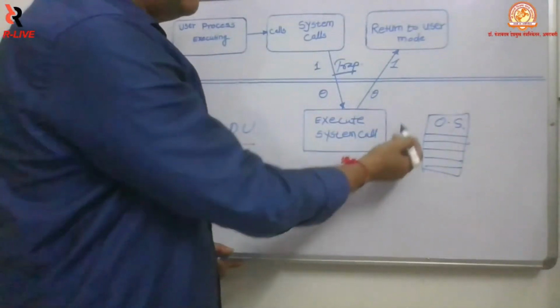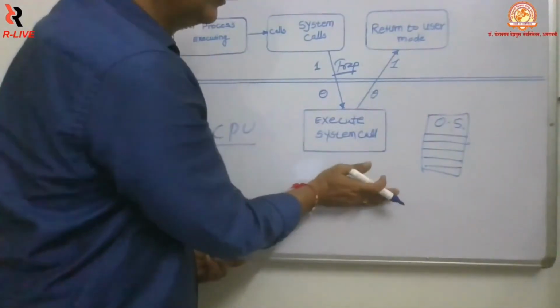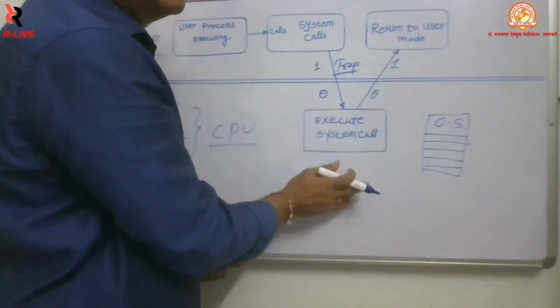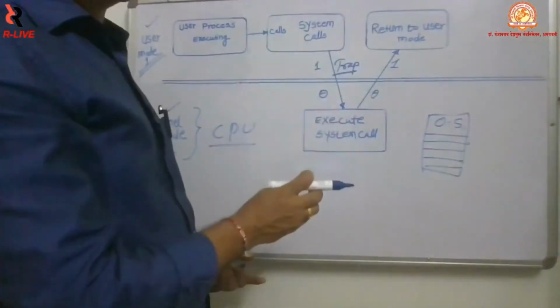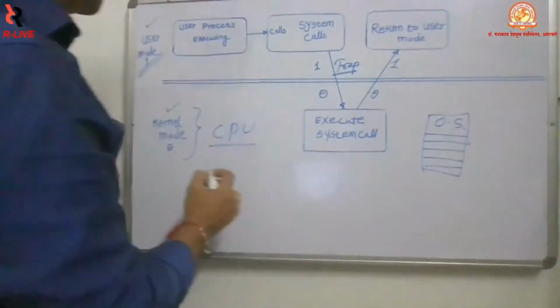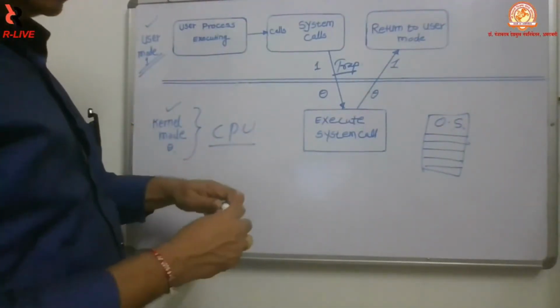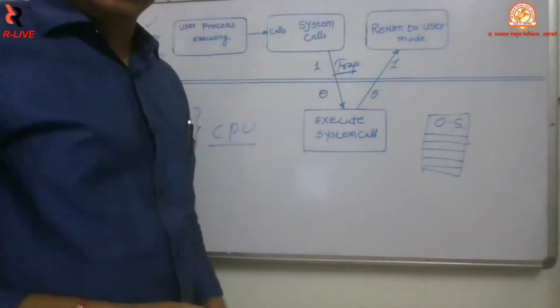It is changed from 0 to 1 when switching from kernel mode to user mode after completion of that particular instruction. This is about user mode and kernel mode of the operating system.